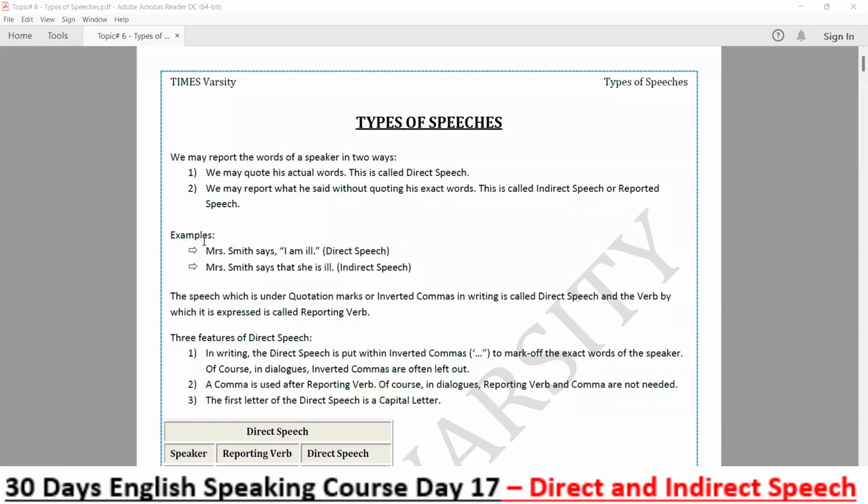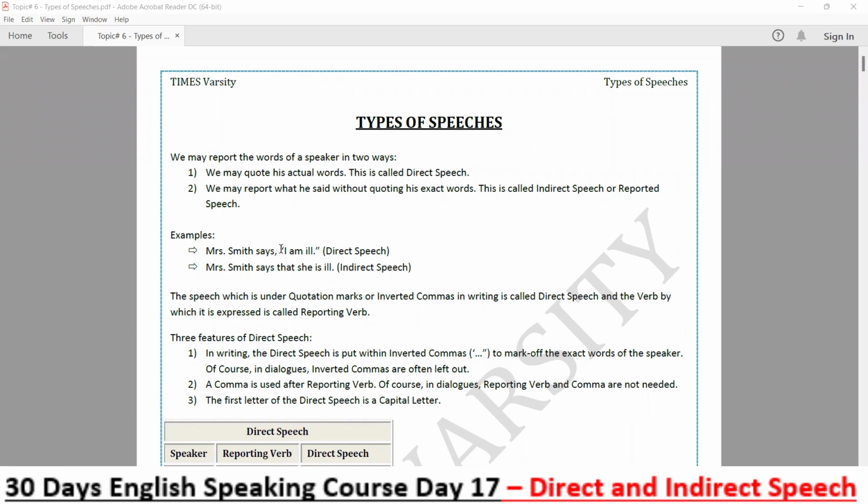For example, Mrs. Smith says, "I am ill." That is direct speech. If somebody is expressing the same thing, then that person can say, Mrs. Smith says that she is ill, which is indirect speech.